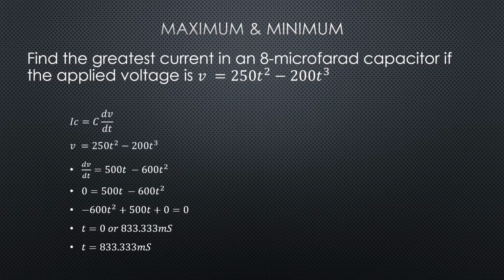Now if we set that equal to 0, that's where our slope is equal to 0, and we can solve for T, equaling 833.33 milliseconds.